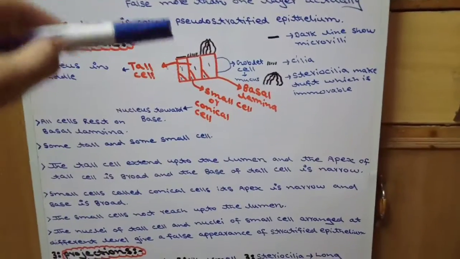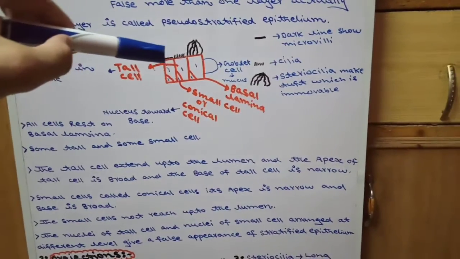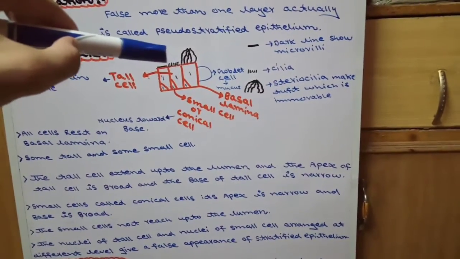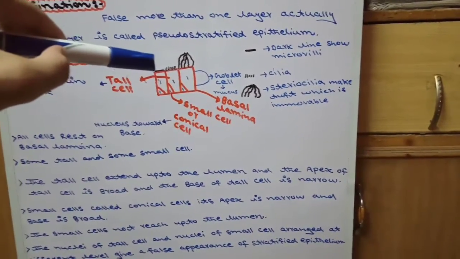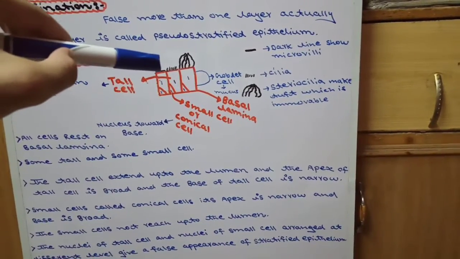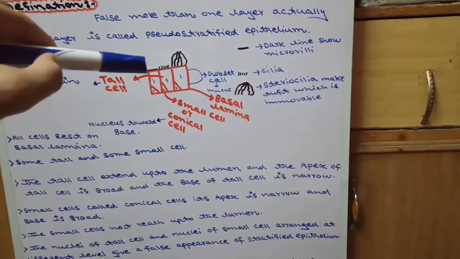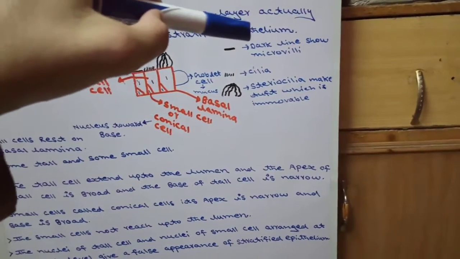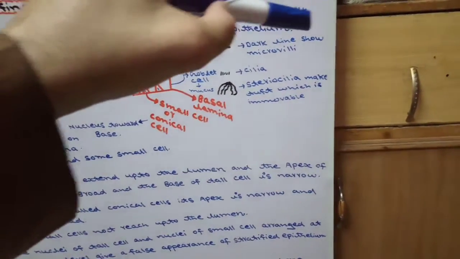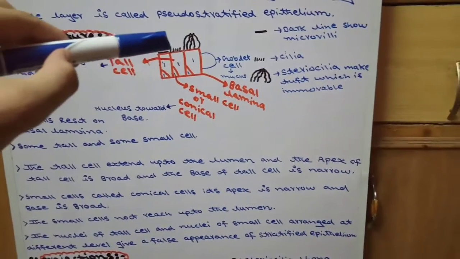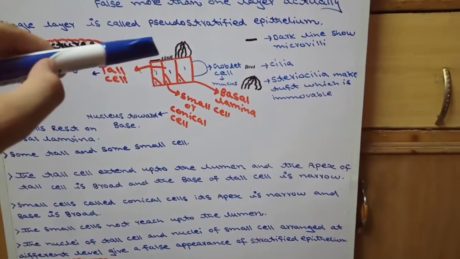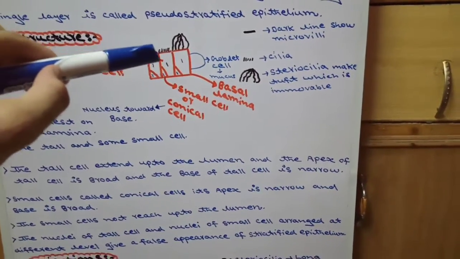First, the smallest projection, which is microvilli. This microvilli looks like a dark line on the surface of the columnar cell. In a microscope, the microvilli look like a dark line.